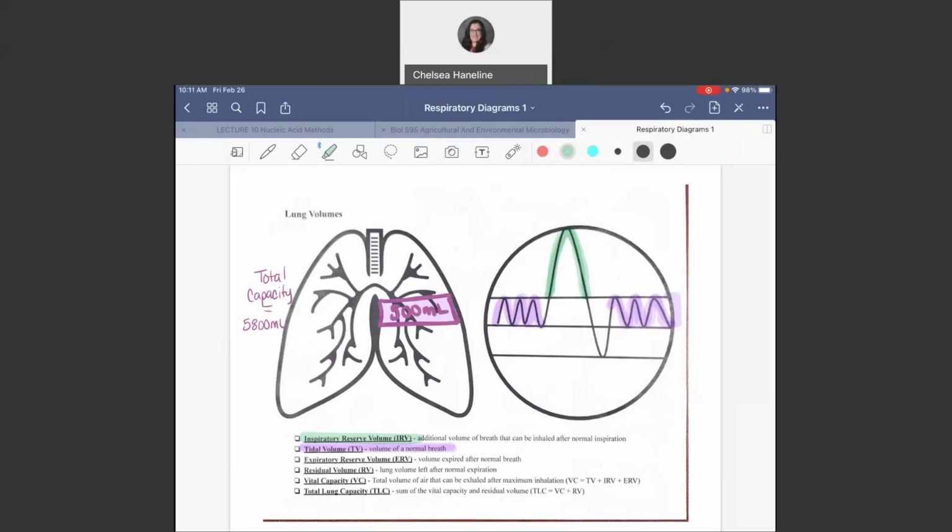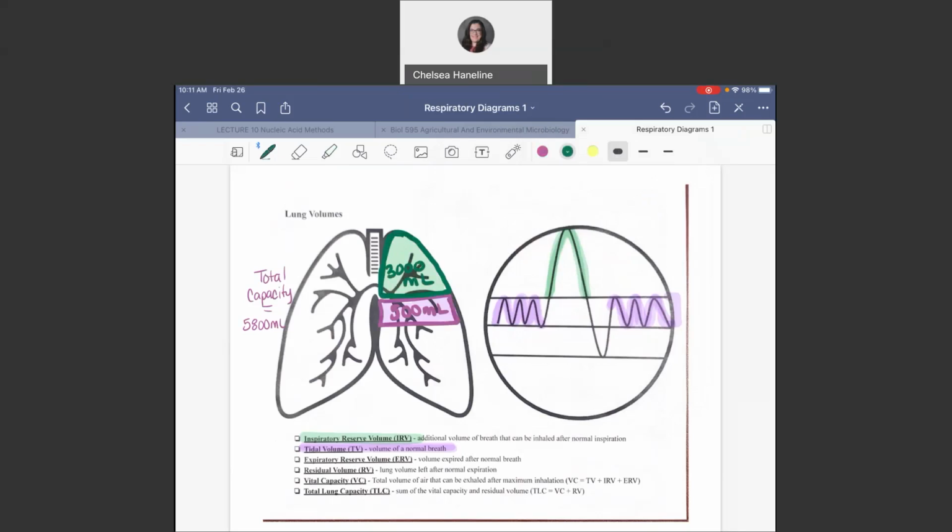As you can see, it's from the point of our normal breath all the way up to our maximum capacity that we can breathe in. So for our diagram over here, our inspiratory reserve volume, we're going to do that in green. Should be this section right here. The volume for that is approximately 3,000 milliliters. So that's quite significant.